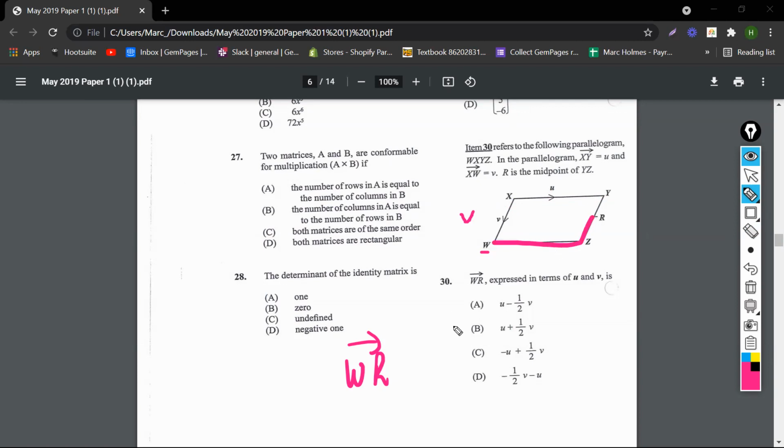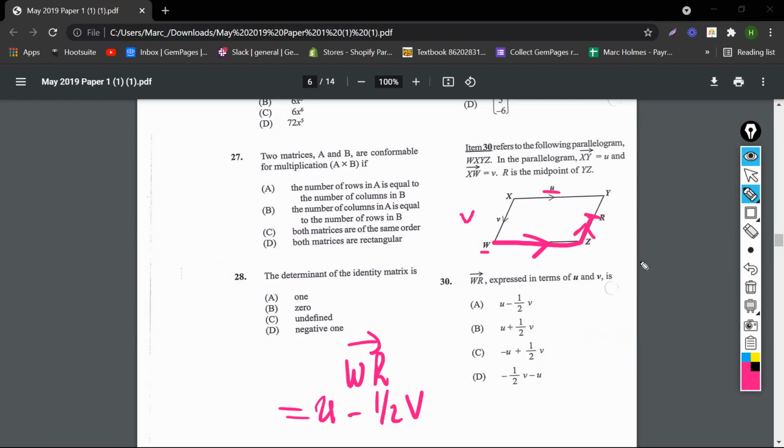W to R. So what would that be? Clearly we're going in that direction, so that represents the U. So it's definitely U, plus we're going up, which is the opposite direction to the V. So this would end up being minus a half V. The reason it's a half V is because we're only going to the center; from here to here is V, but we're going to the middle.